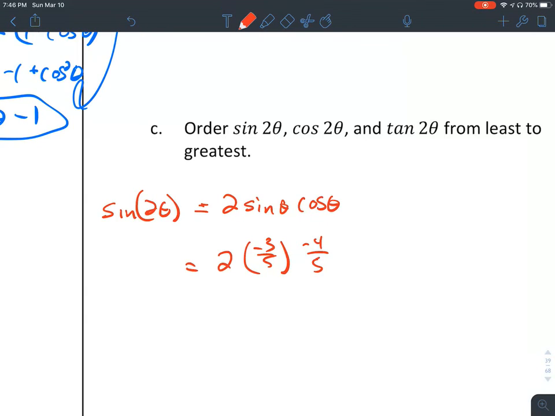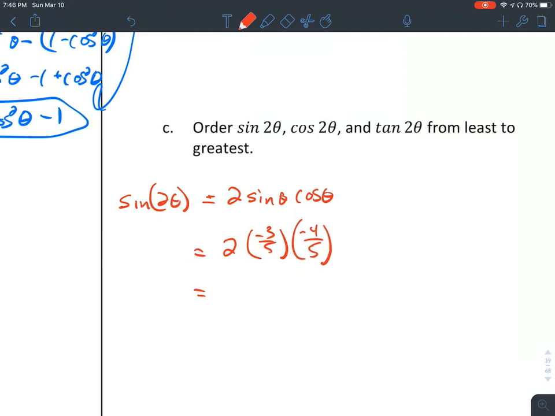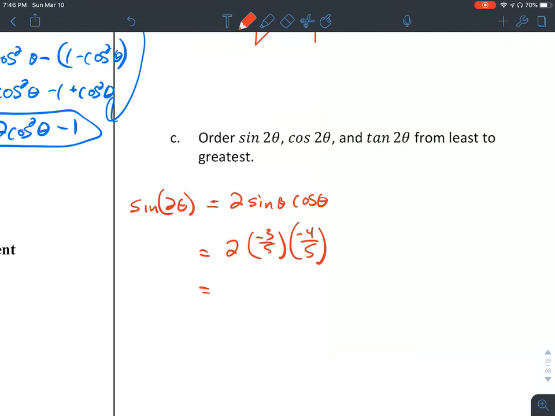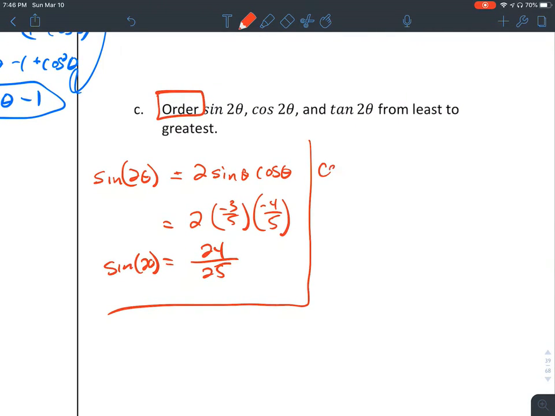Cosine is -4/5. This ends up being 5 times 5 on the bottom, and on the top, -3 times -4 is 12, times 2 is 24. Keep in mind, the directions are supposed to order things, so we haven't ordered anything yet.